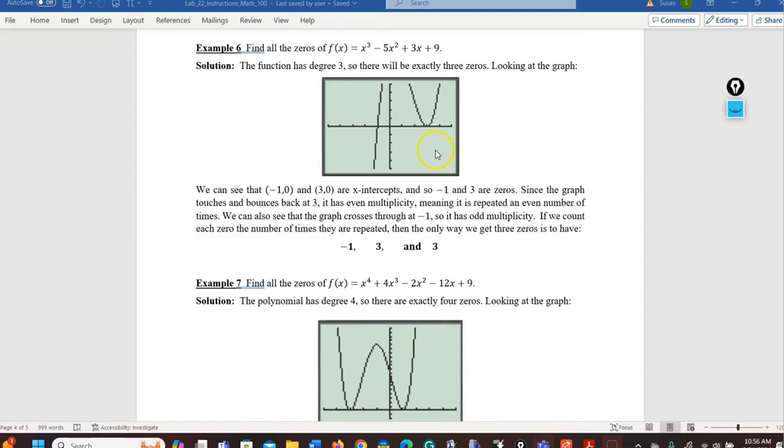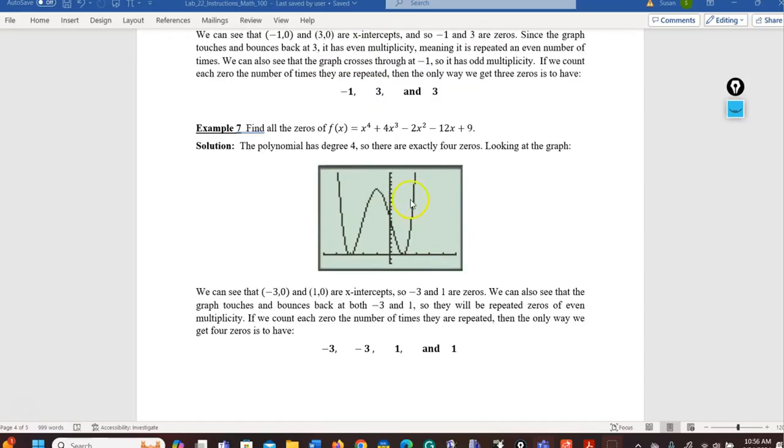And so for this one, it has 3 zeros, and we saw that 3 has even multiplicity, so for that to fit, 3 will be repeated twice. If it's repeated 4 times, then you have more zeros than what you're allowed. This has degree 3, so there will be 3 zeros, and if we count any repeating ones, the number of times they happen.